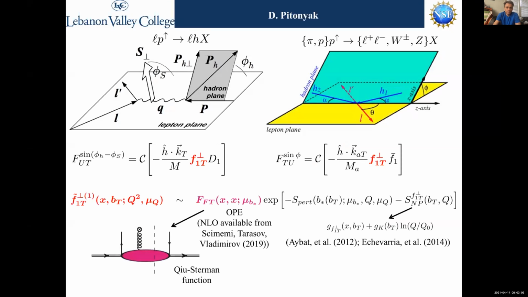The Sivers function can be related to the so-called twist-3 matrix element, or Qiu-Sterman function, which is the quantum mechanical correlation between multi-parton states in the wave function of the nucleon. It is related in the TMD formalism also to the Sudakov form factor, and its b_T dependence is defined by these factors here.